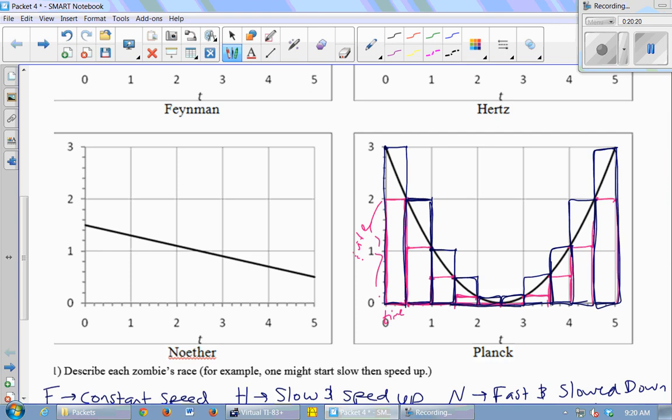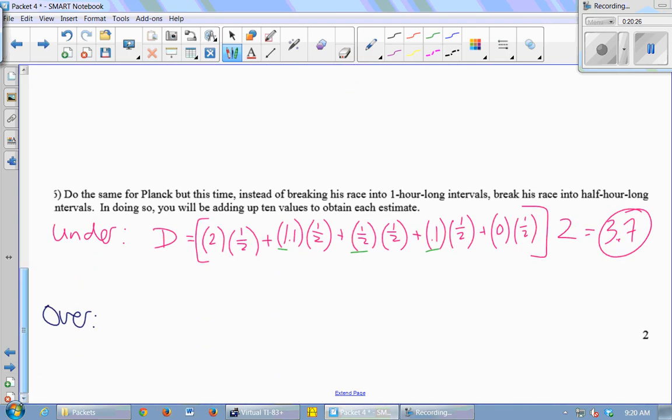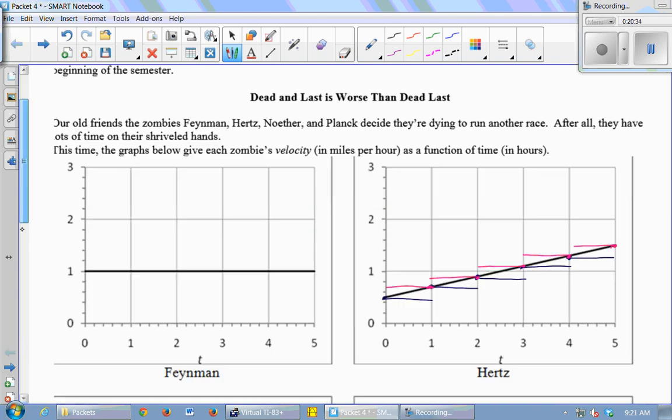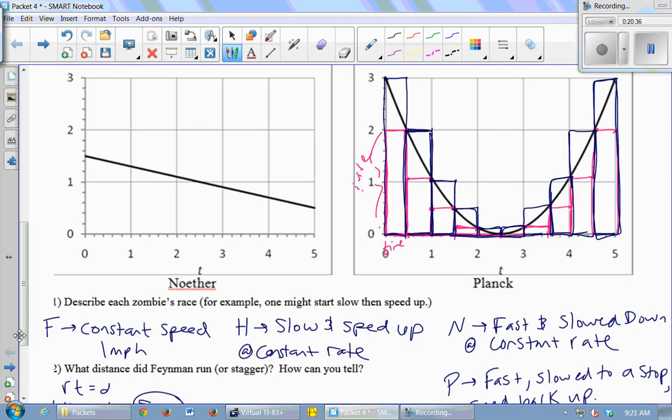All right, so let's see, 3 times a half. And then the next one is 2. So we've got 2 and then 1.1 and then a half and then 0.1.